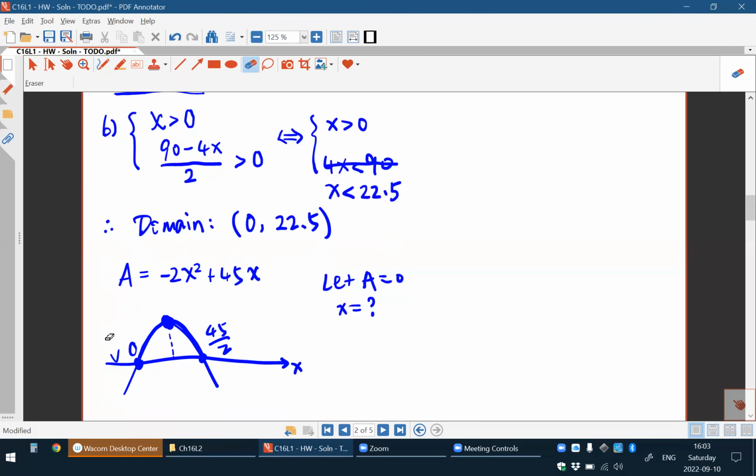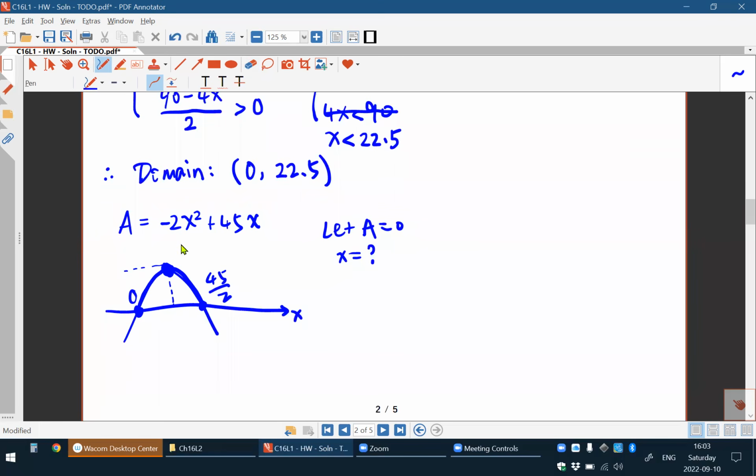So in this case, the smallest possible value of a is apparently 0, and the largest possible is the value here. So how to find this value? Two ways, right? You can use the coordinates of the vertex. We have already learned that if you have a quadratic function like this, the y coordinate of the vertex is 4ac minus b squared over 4a.